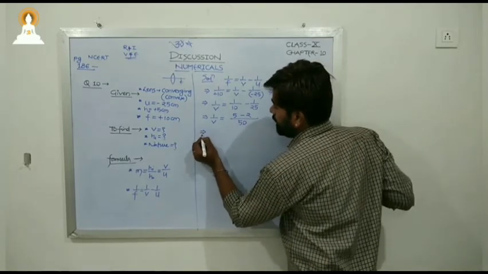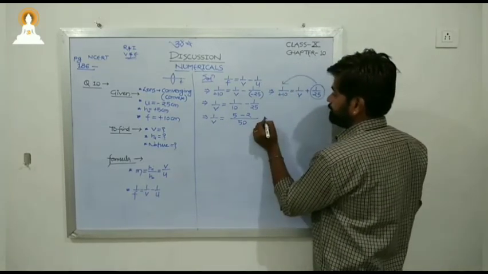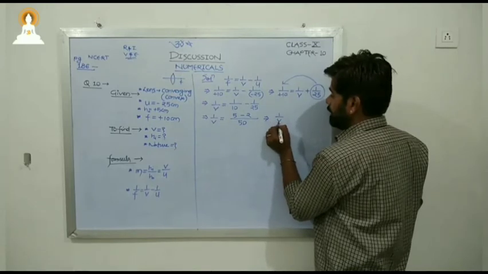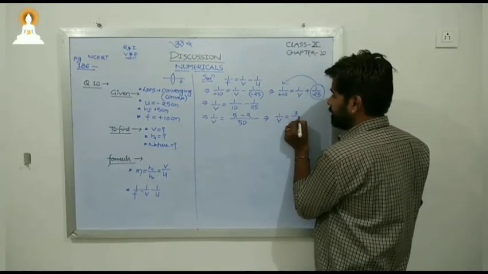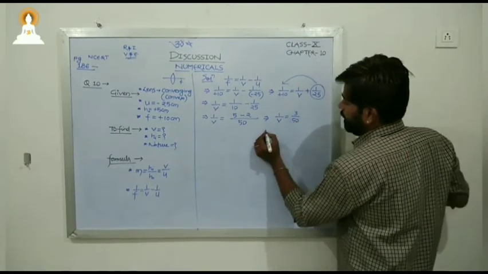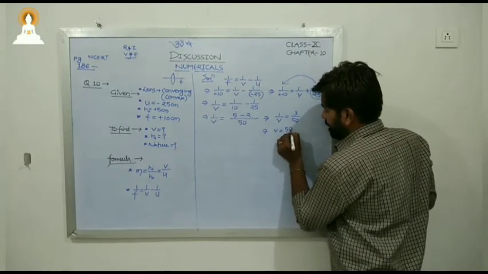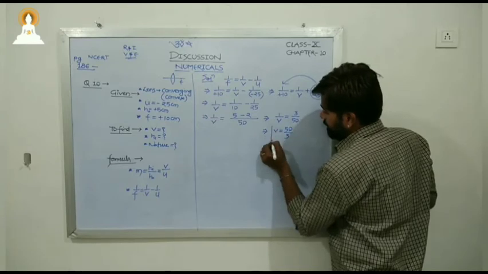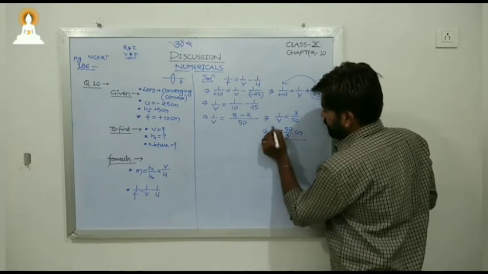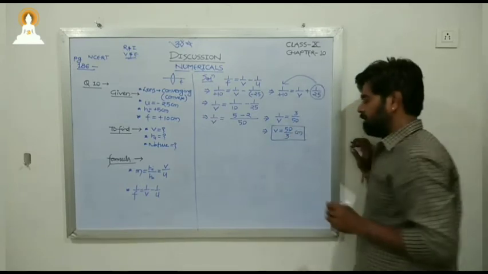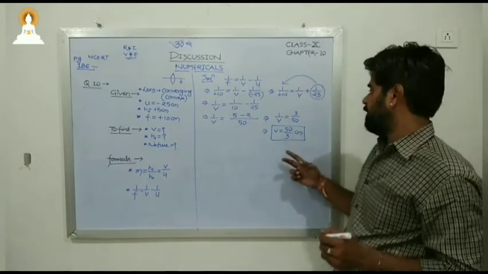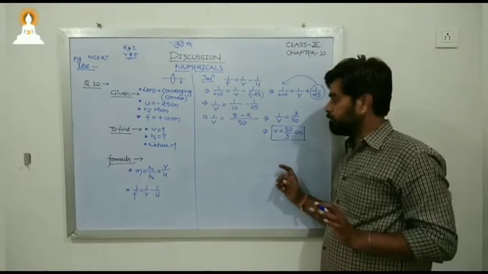From here we may write 1 upon v is equal to 3 by 50, or v is 50 by 3 centimeter. Okay, you may leave it here. If you want, you may find it further, but it is quite good, no problem at all.